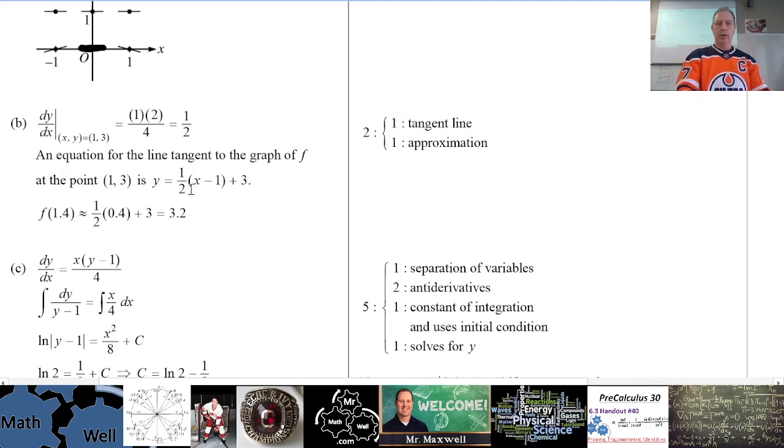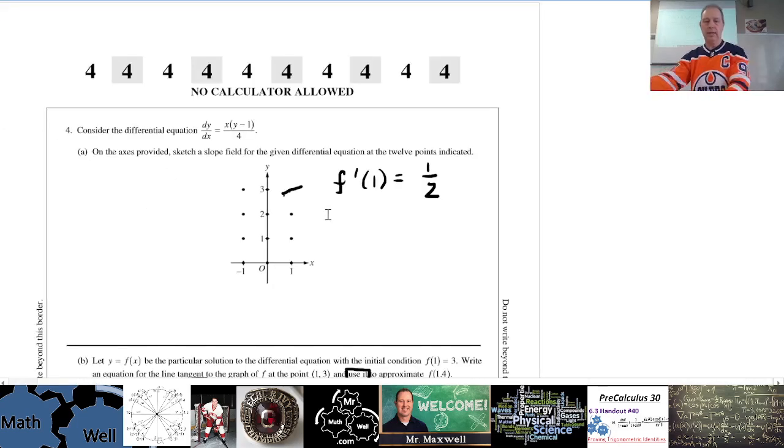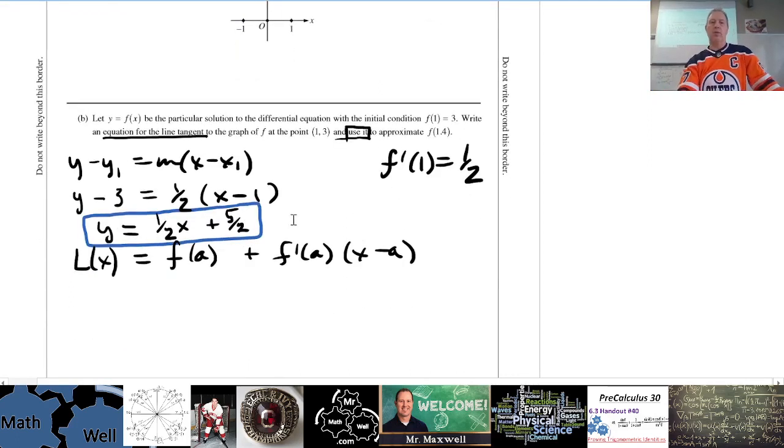So there are 2 different ways of doing this, and it's good that we talked about this and we're going over this question. The 2 different ways to approximate the 1.4: you go straight to the linear approximation, right? Or what this is really leading you to is the tangent line slope.